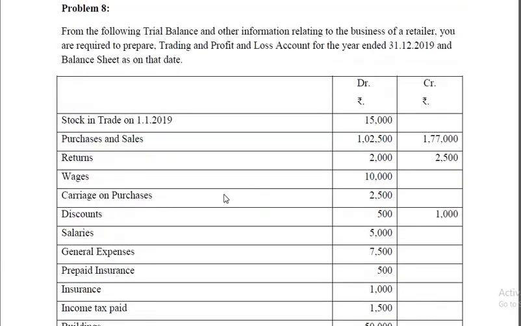Now look at the trial balance. We'll see the treatment of this item. Stock in trade at the beginning, that is the first item in the trading account, opening stock 15,000. Purchases, debit side of trading account, purchases 1,02,500, less purchase returns 2,500 should be deducted, and further adjustment should be made to the purchase account and the net value should be shown in the outer column.